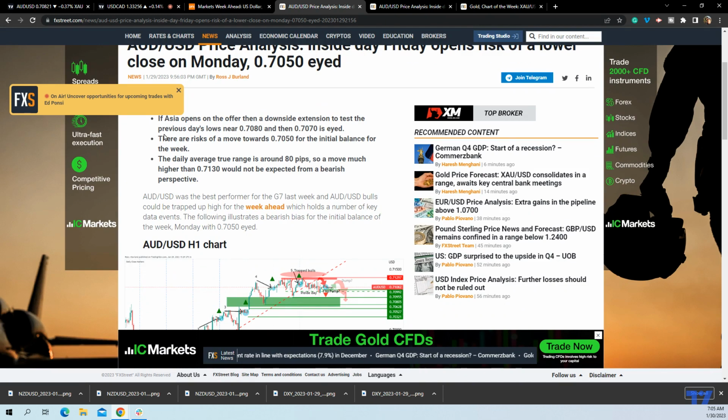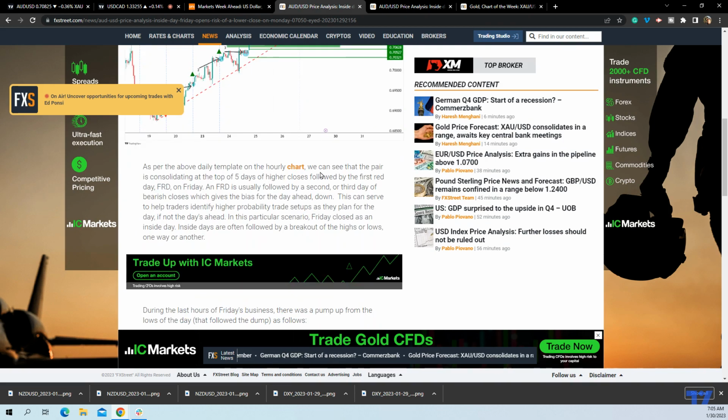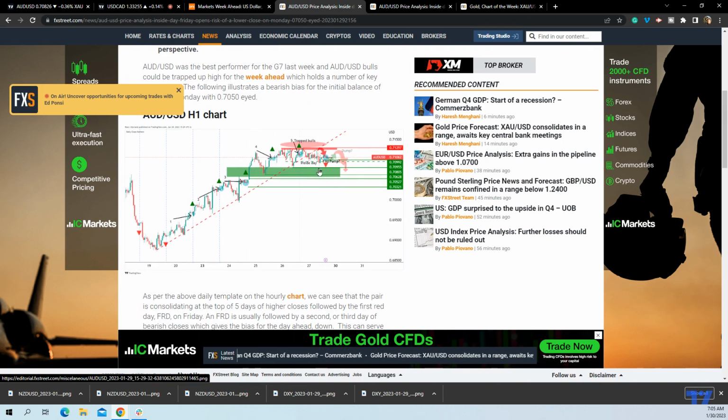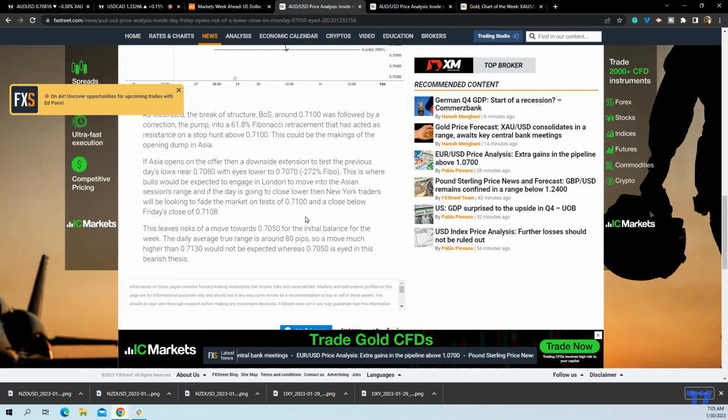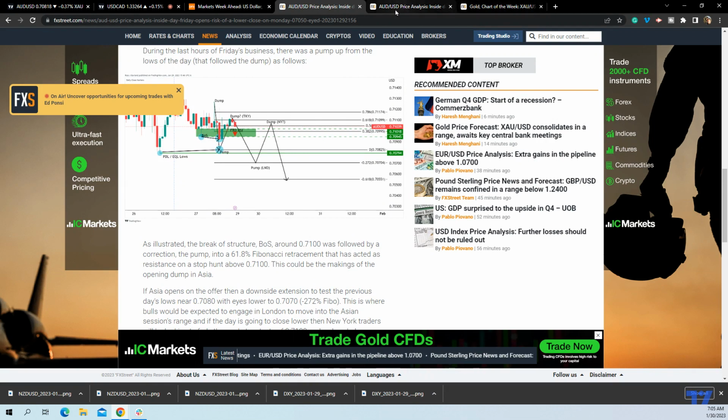Talked about Asia opening on the offer, which it did, and talked about the schematic and the potential price action, and we've pretty much seen a duplicate of what was forecasted. We had the move up and we're looking for lower prices.